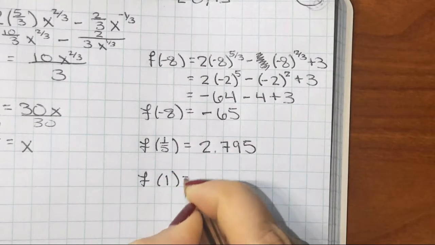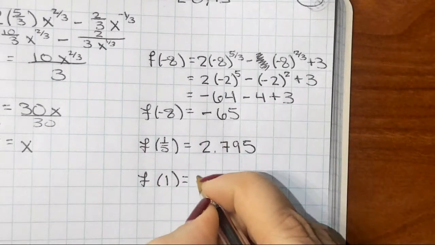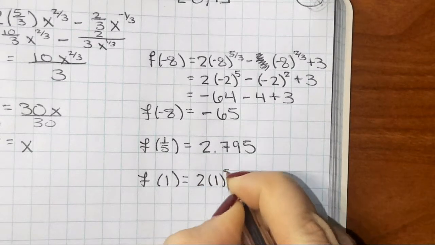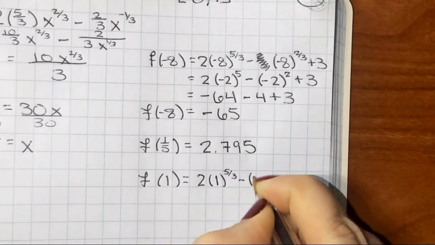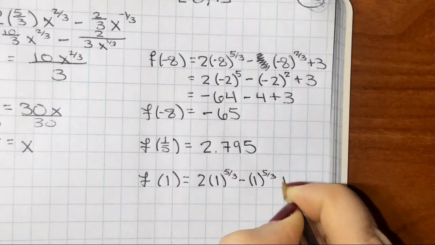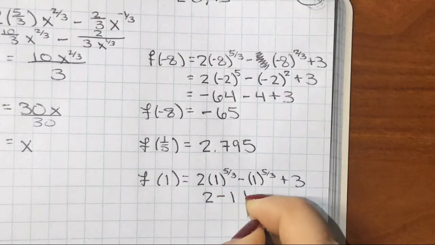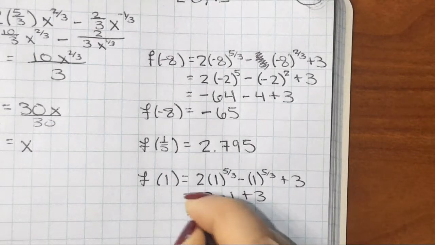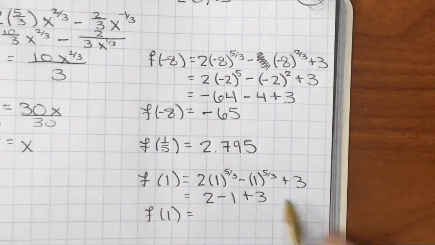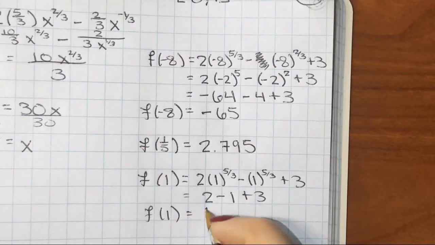F of 1. 1's really nice to plug in because I have 2 times 1 to the 5/3 minus 1 to the 2/3 plus 3. So I get 2 minus 1 plus 3, which is 4.